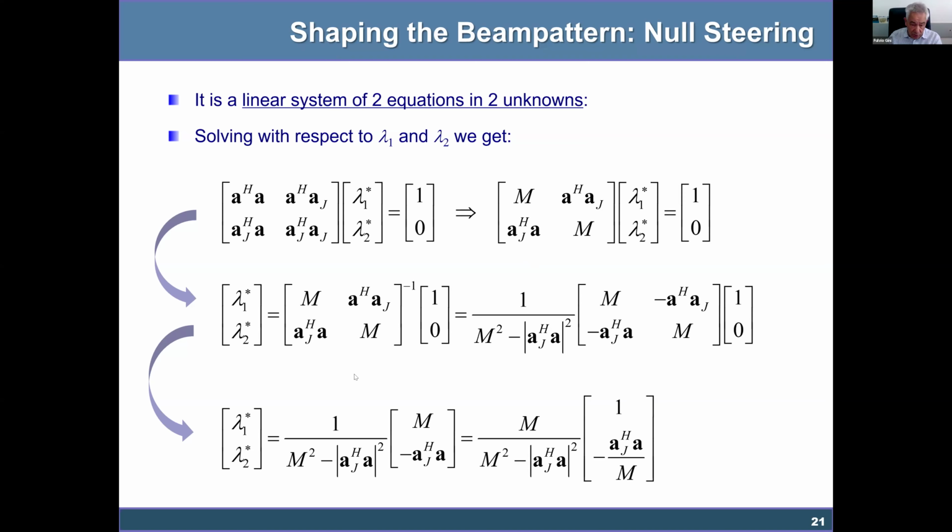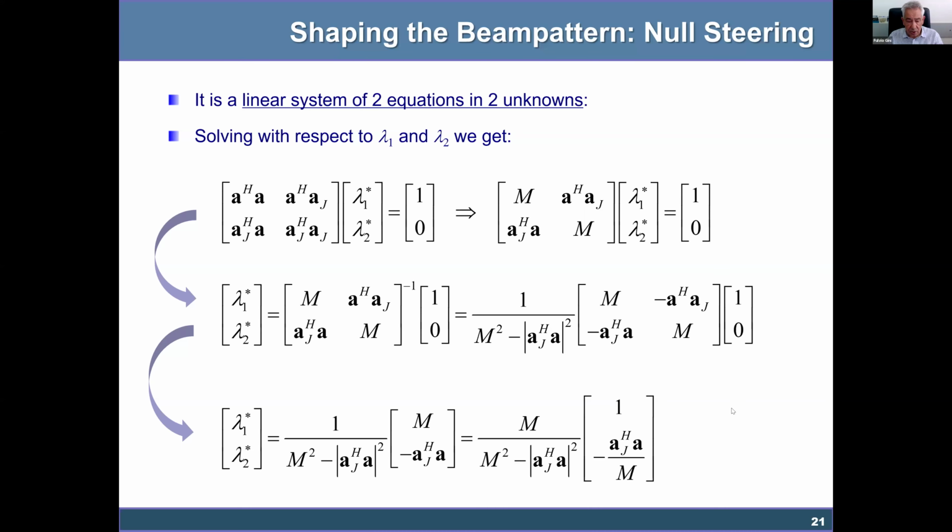So you can find the solution with the well-known rule of the adjunct. So it is 1 divided by the determinant multiplied by the matrix of the adjunct. I mean, you can solve this linear system as you want. It's very, very simple. So finally, this is the solution. These are the two Lagrange multipliers.